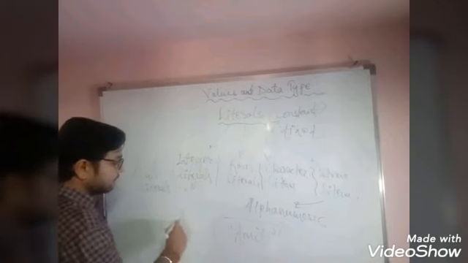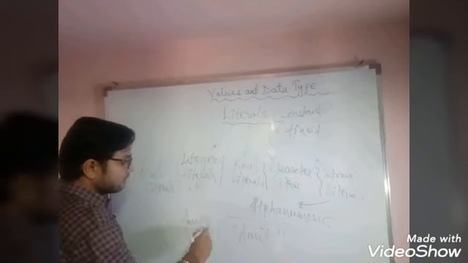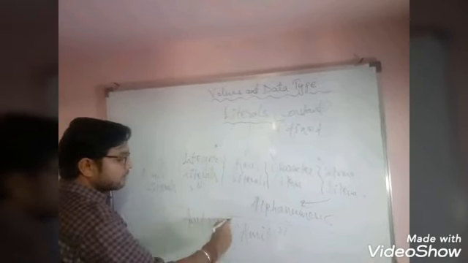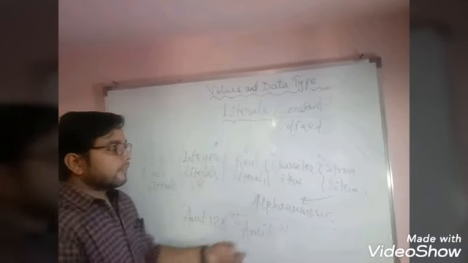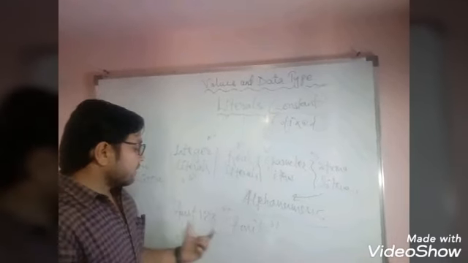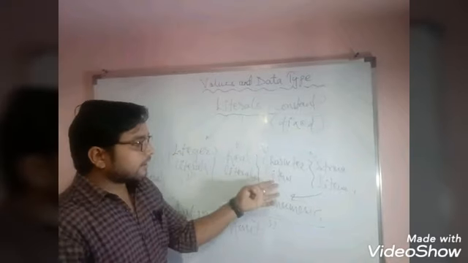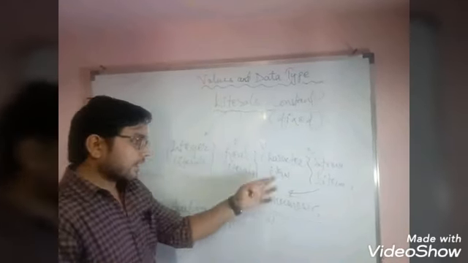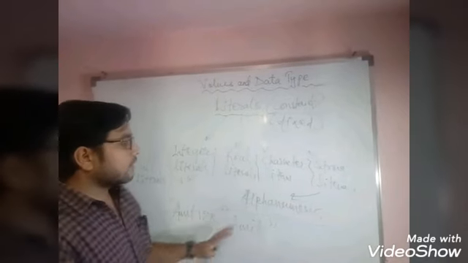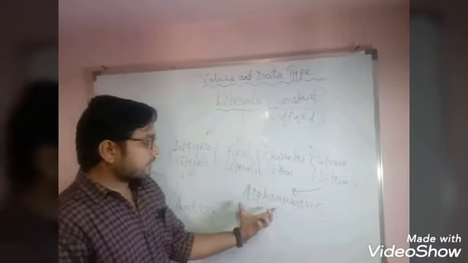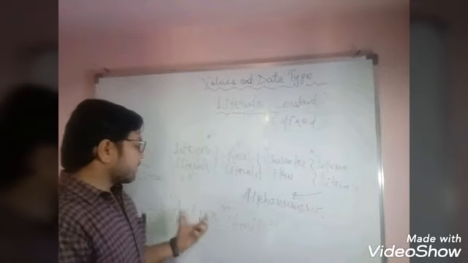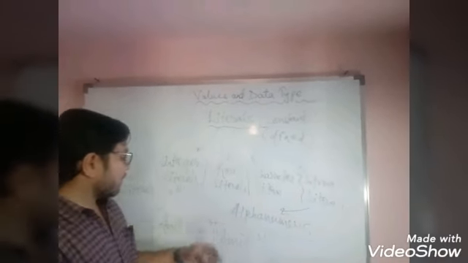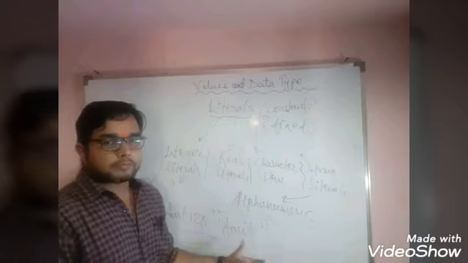If we are writing Amit123 in double quotes, then it is correct. If you are writing in double quotes, then it is a string. If you are writing in single quotes and a single character at a time, then it is a character. So this is called string literals. String literals are alphanumeric in nature, written in double quotes, and you can write any number of characters between them.